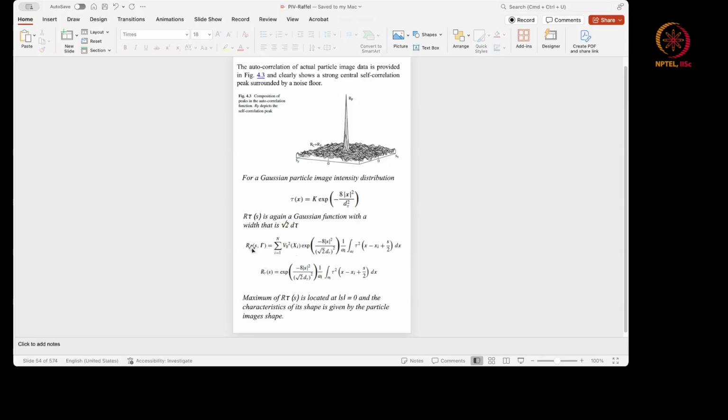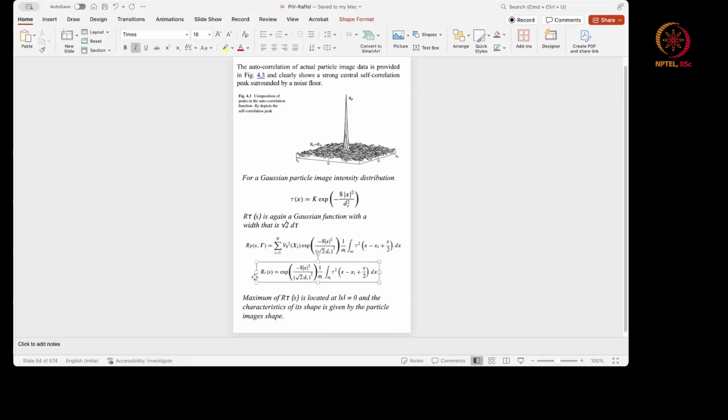Therefore R_P is written as this, because it's a multiplication with a point spread function, which is essentially what we have over here, this s bar square, and R_tau is given as this. So the maximum R_tau is located at delta s, the separation vector, equal to 0, and the characteristics of its shape is given by the particle image shapes.